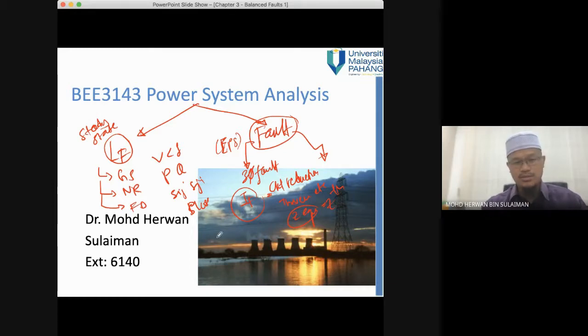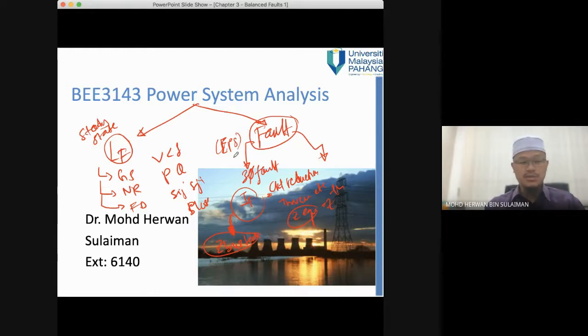Okay, that one is one technique that we can use, which is the Z bus technique, to calculate directly. When you have faults, you get the Y bus, you invert it, you get the Z bus, and then you can calculate the fault current directly. So we will look at this topic in this class.